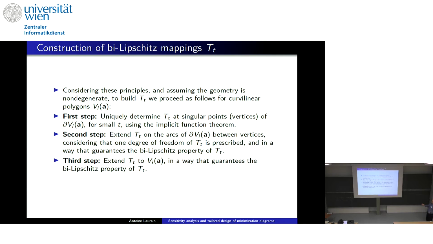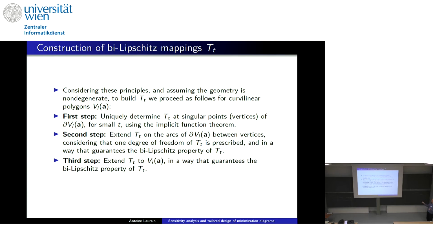Okay, so to summarize these ideas, considering this principle and assuming that the geometry is not degenerate, which I'm going to explain briefly afterwards, to build the capital T we can proceed as follows for the curvilinear polygon. First, we determine the T at singular points using the implicit function theorem.